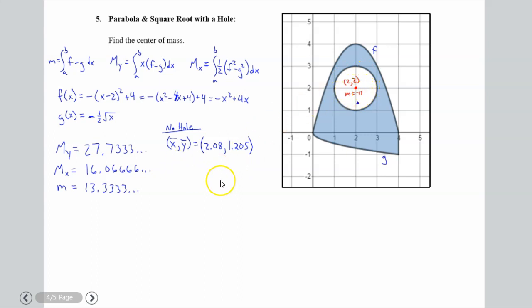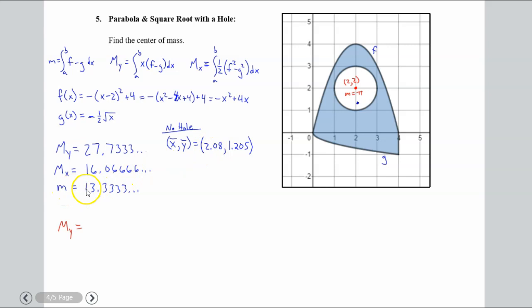When you're going through those, remember what you want to do is take the moment, calculating the mass times the distance, the x distance if you're doing my, or the y distance if you're doing mx, for each of those points and shapes. So we'll go ahead and write those out. Let's say my new my is going to be this value that I had before.